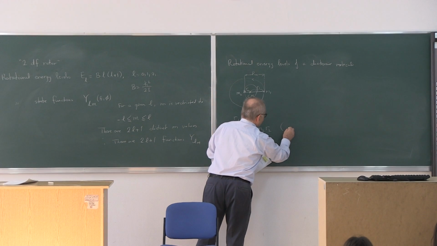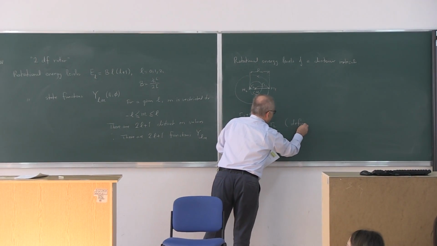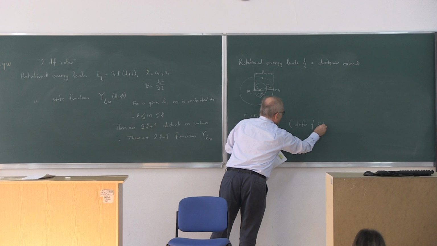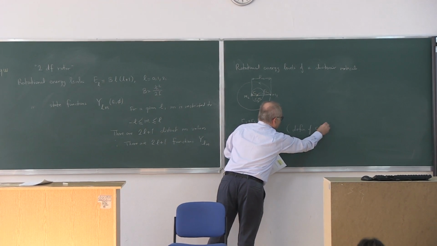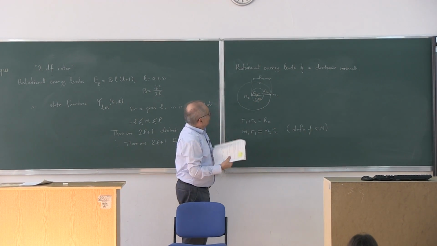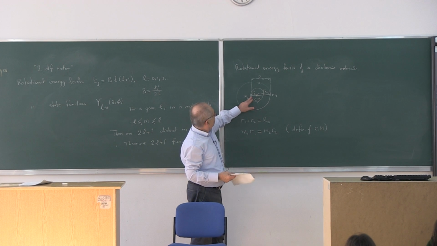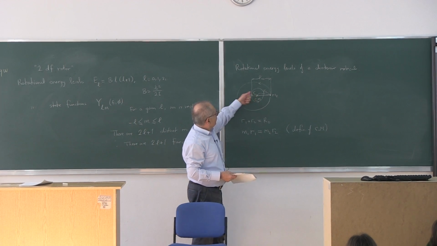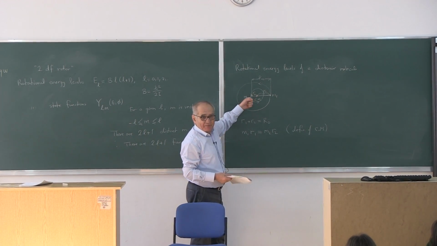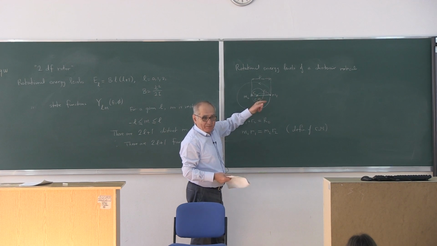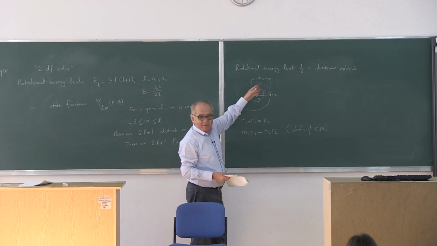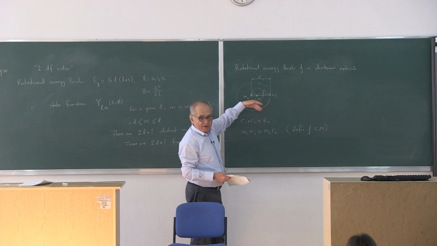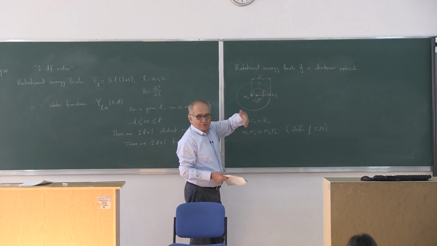This is the definition of center of mass. This means that if the second mass is larger than the first mass, the center of mass lies nearer to the larger mass. If the two masses are the same, the center of mass is exactly at the midpoint. These concepts you should remember from your physics course.